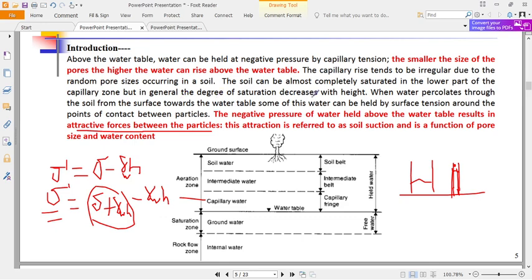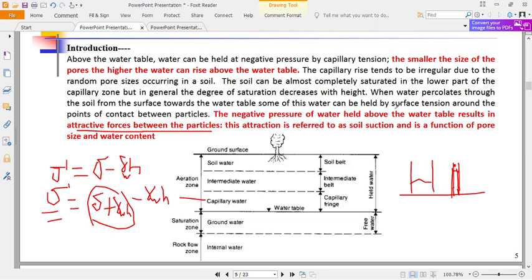Obviously, when you go up with height, the degree of saturation will decrease. When water percolates through the soil from the surface downward, some of this water can be held by surface tension around the points of contact between particles.